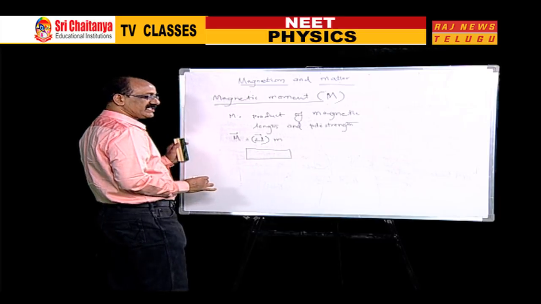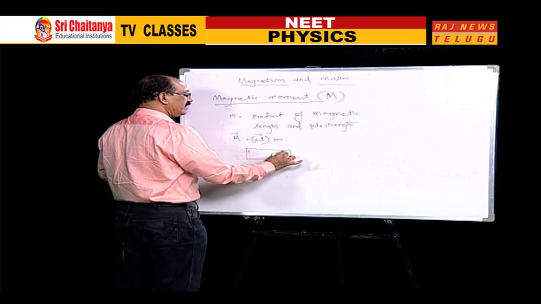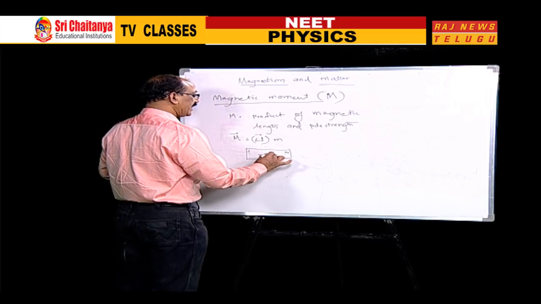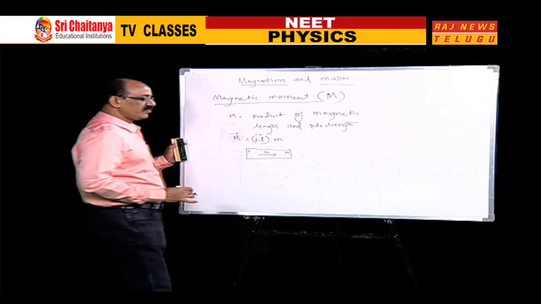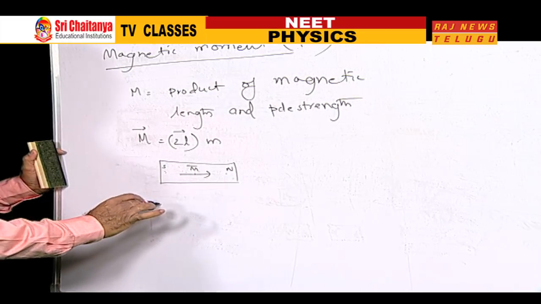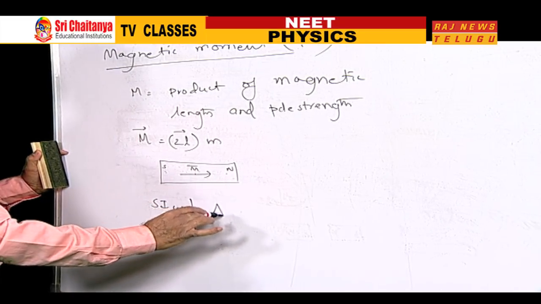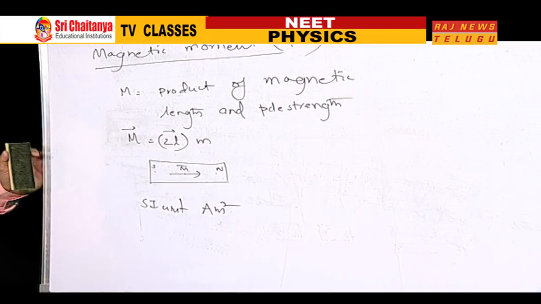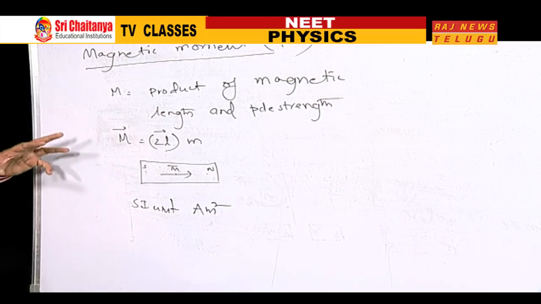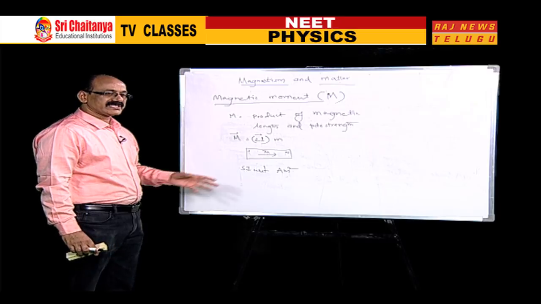If you consider a bar magnet, with this as the south pole and this as the north pole, the magnetic moment direction is from south pole to north pole. And the SI unit of magnetic moment is ampere meter square.